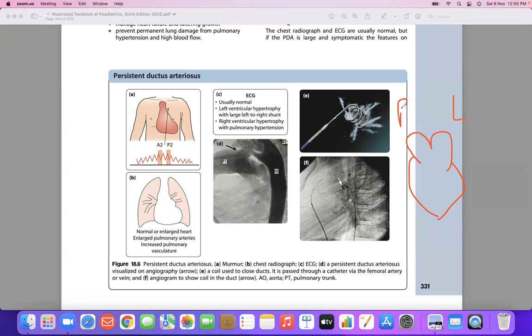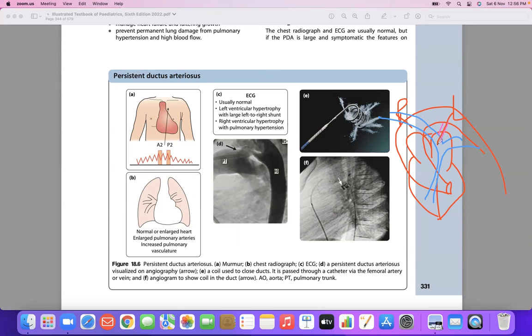So this is left, this is right. Normally the pressure of the aorta is more than the pressure in the pulmonary arteries.